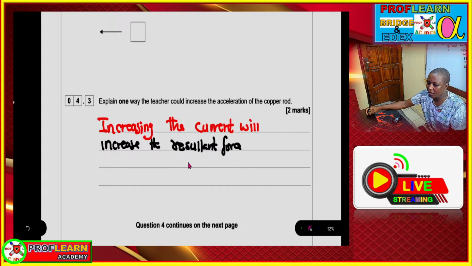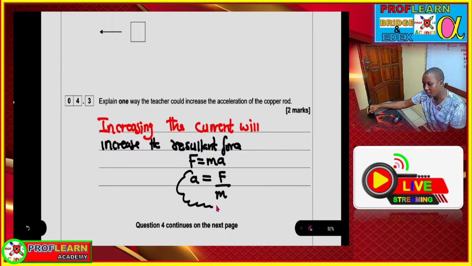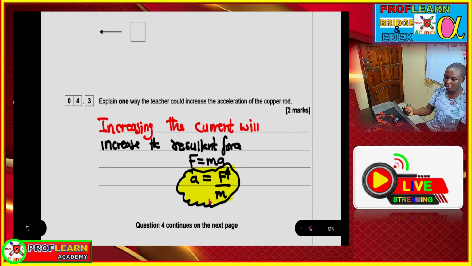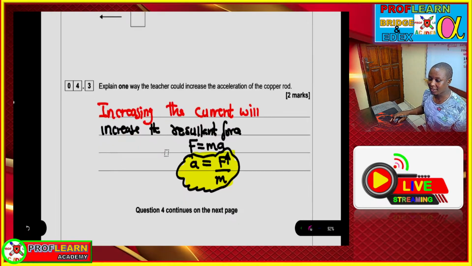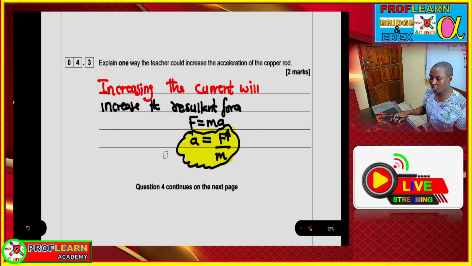And you know, force is equal to mass times acceleration, which means acceleration is force over mass. Mass of the rod is going to remain the same. So if you increase the current, you are just increasing what? The force. And if you manage to increase the force, from this relation you can see acceleration is going to increase, because acceleration is directly proportional to the amount of force.